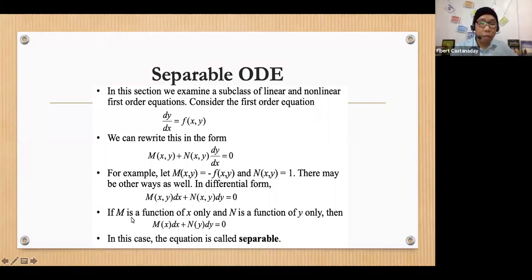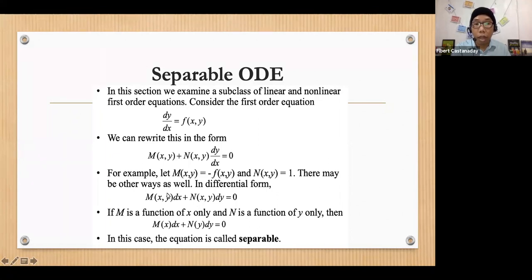So if m is a function of x only and n is a function of y only, then this form of DE is a separable DE. What does this mean? As mentioned, this term is not just one variable that is involved; it can be a function of both variables x and y, and the coefficient of dy is a function of both x and y.